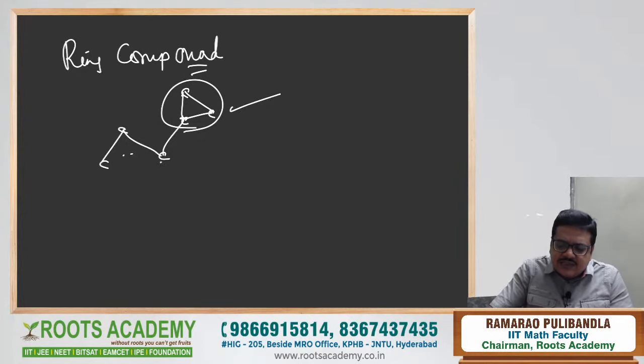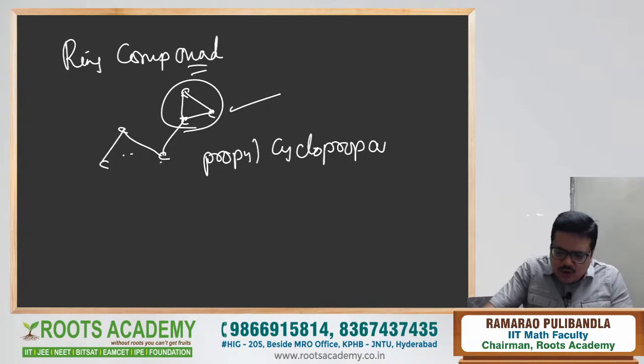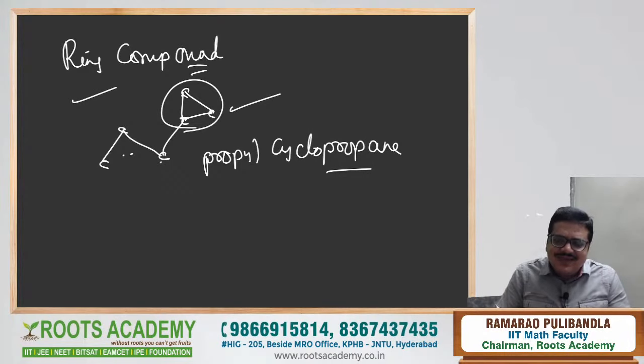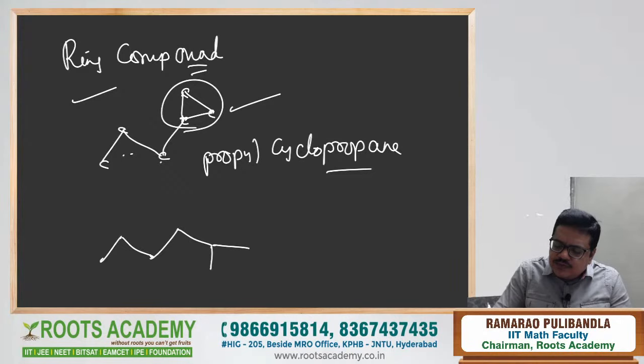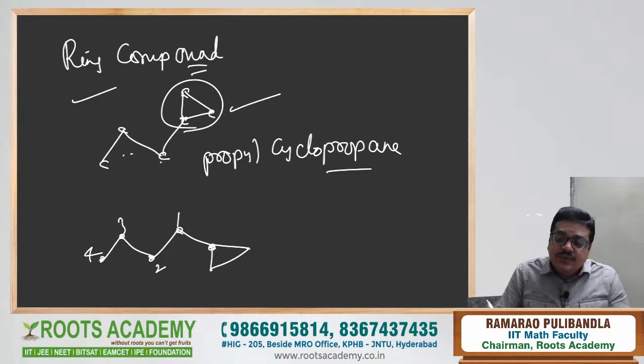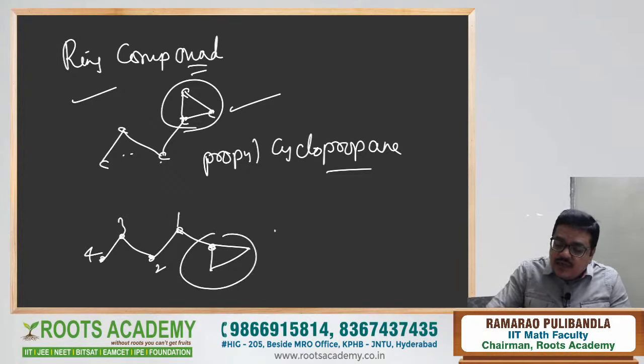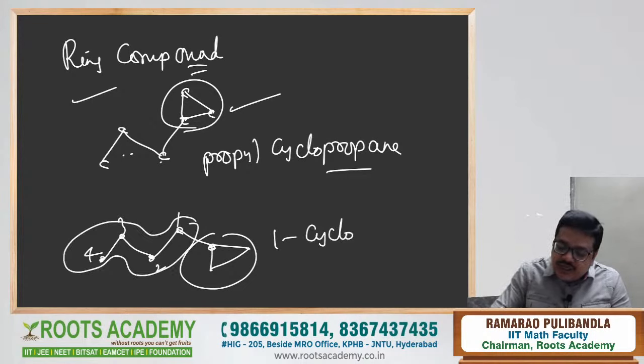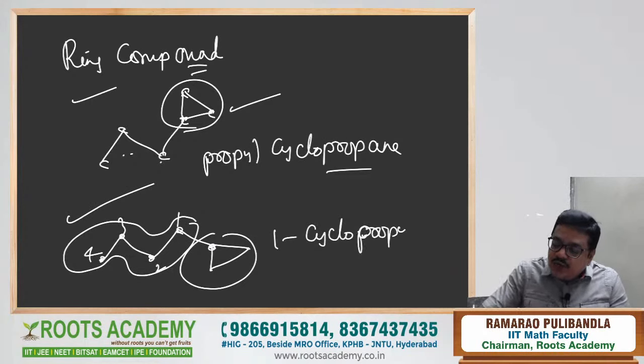So this is taken as propylcyclopropane. Similarly, if the number of carbons is more, here 1, 2, 3, 4. So this is 1-cyclopropyl. Here the chain is preferred. 1-cyclopropylbutane.